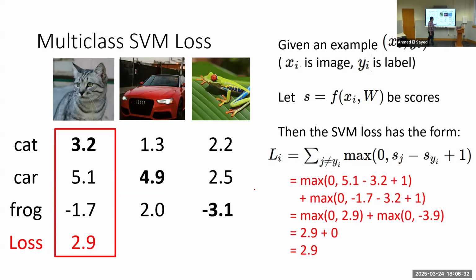Assume that we have some weights, it doesn't matter what they are, and we have these 3 images. This image produces this score for the cat class, this score for the car class, and this score for the frog. First, this one is marked for the cat. So I will find the maximum between 0 and the score of the non-correct class minus the correct one plus the margin.